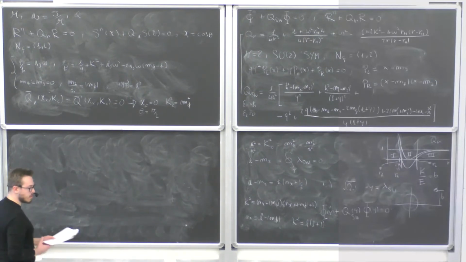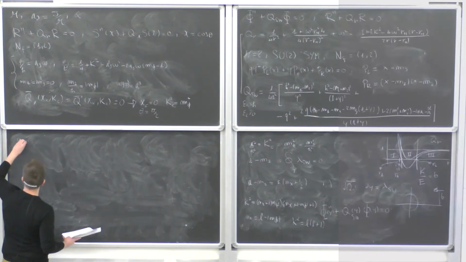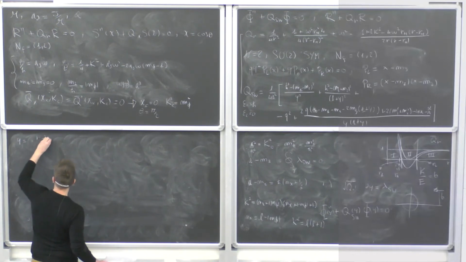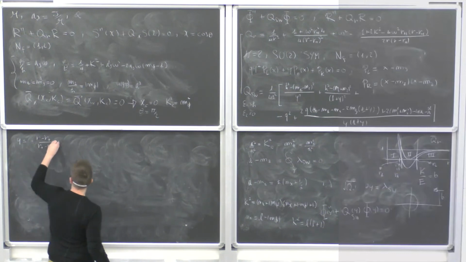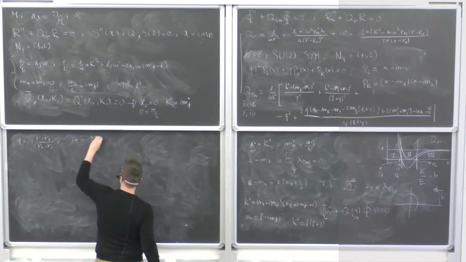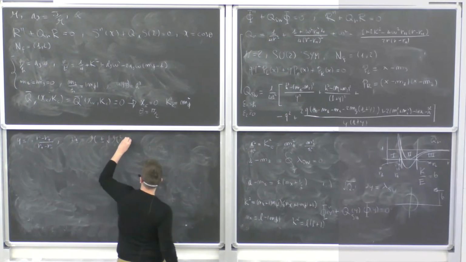Okay. So now, if I perform the following change of variables, here R plus and minus are basically these, which are the two horizons of the Kerr-Newman black hole.